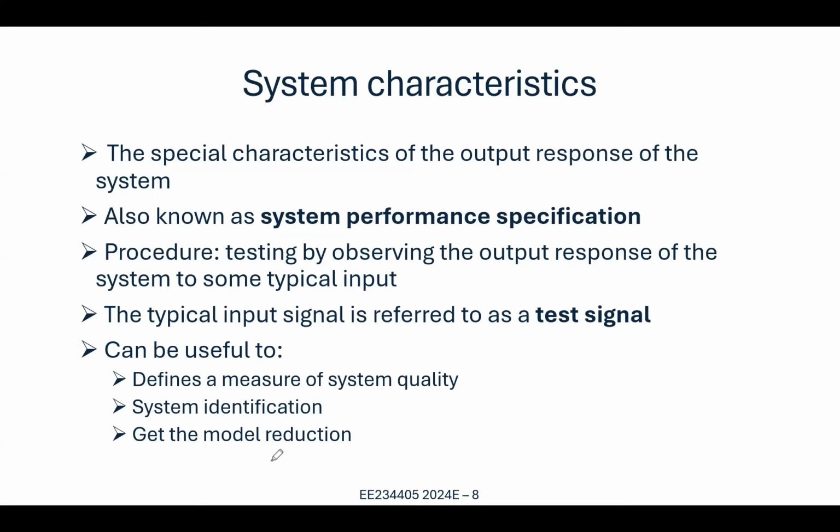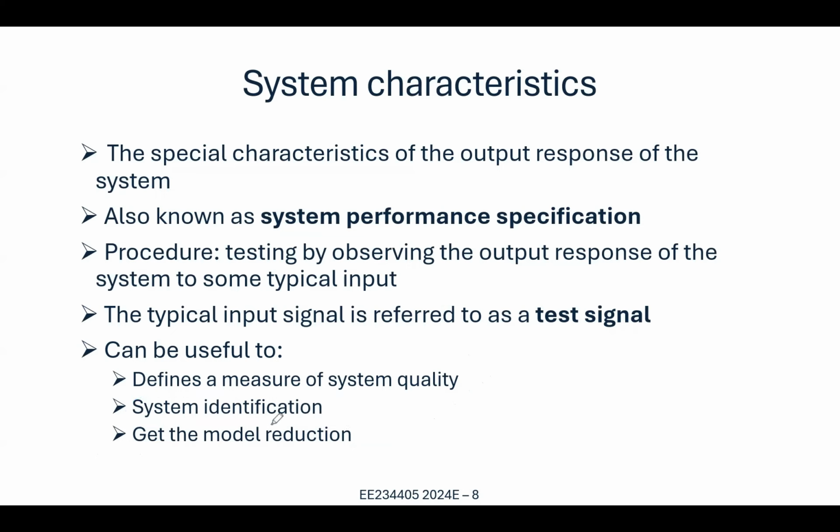So there are several purposes. We can measure the system quality by looking at some test signals as the input. Also, we can get the characteristics of the system, or system identification.